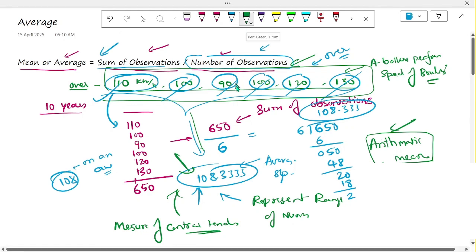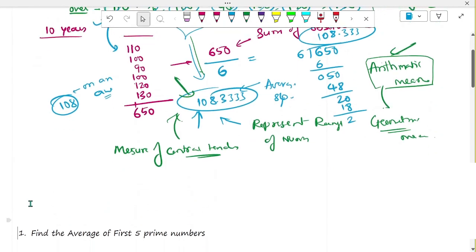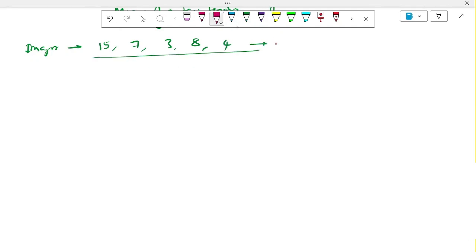Now just take an example. Let's imagine that you have got the roll numbers of 5 students: 15, 7, 3, 8, 4. These are the roll numbers of some 5 students. It was found that they have done very well in their exam.